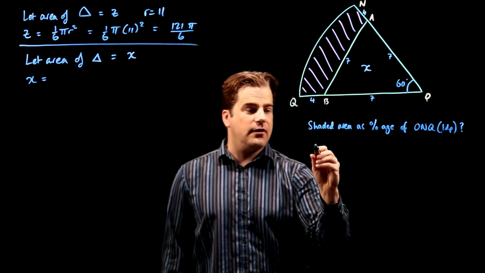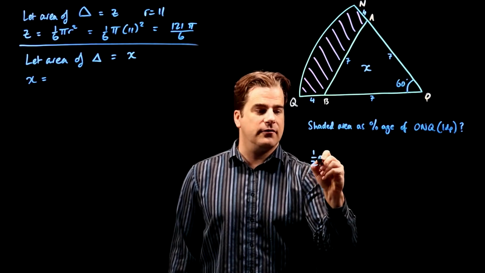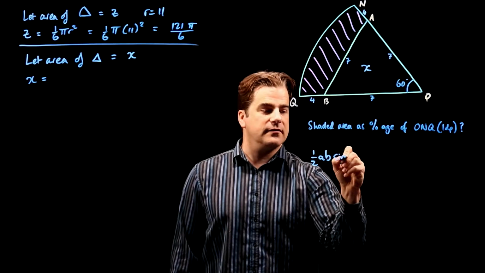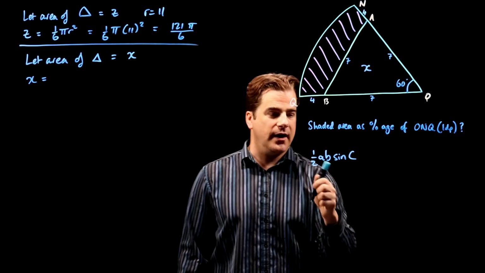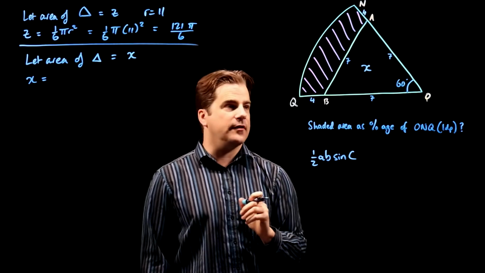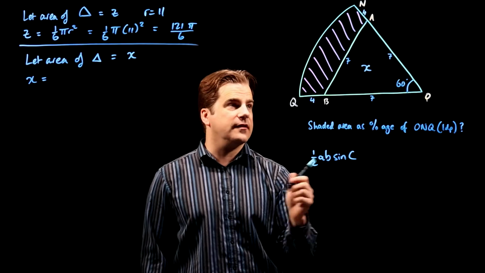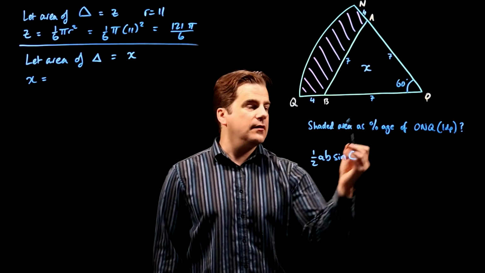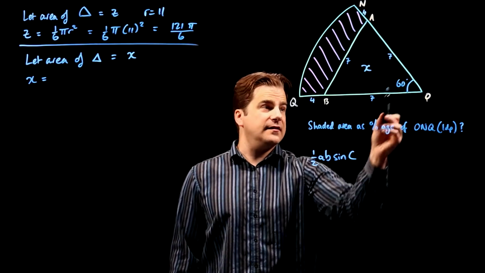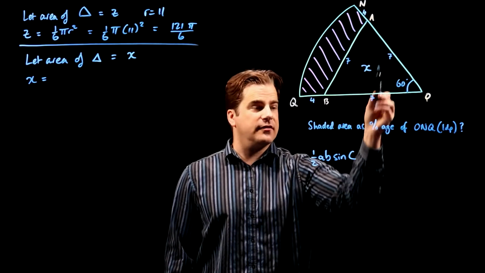Well, half AB sine C. A and B are two sides, C is the angle between them. Let's use this. This is more useful in this case because we know that C is 60 and A and B are both 7.